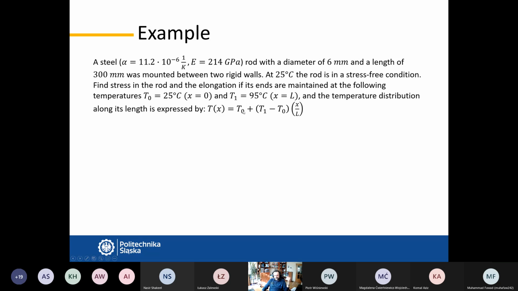So it's T0 plus (T1 minus T0) times x over L. This is, of course, the solution you will also get as you solve the heat equation for the heat transfer analysis.